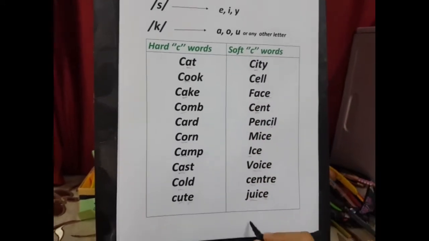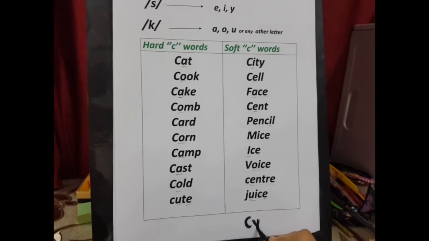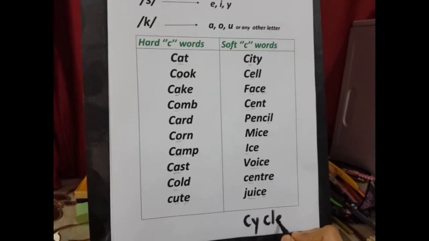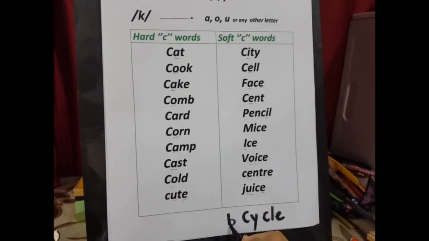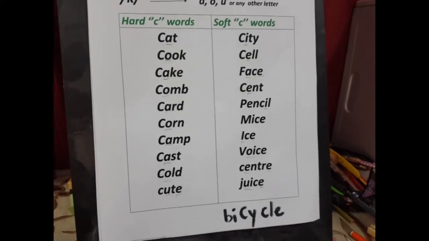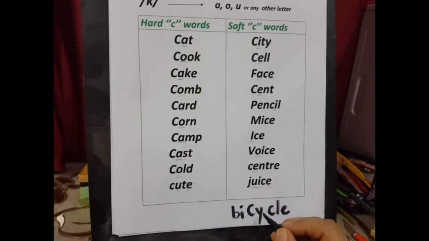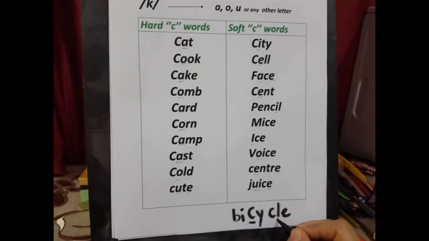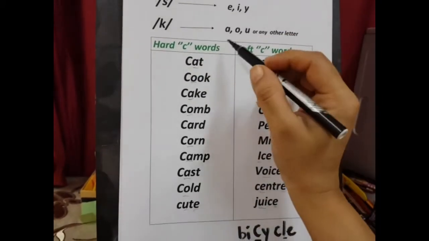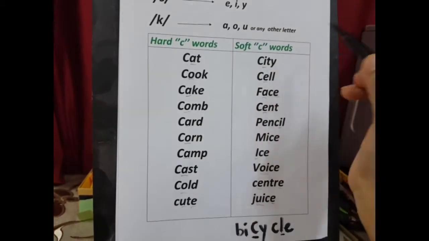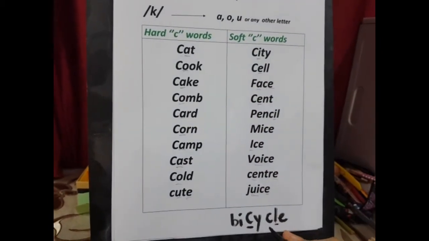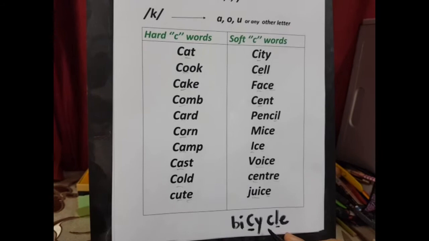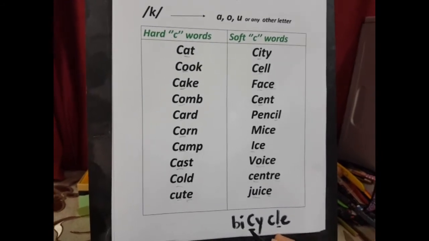But I must include a word like cycle, and bicycle. Here, when it is with Y, it makes the S sound. But when it is with other letters, as I said, either with A, O or U or any other letter, it makes the K sound, that is the hard sound.